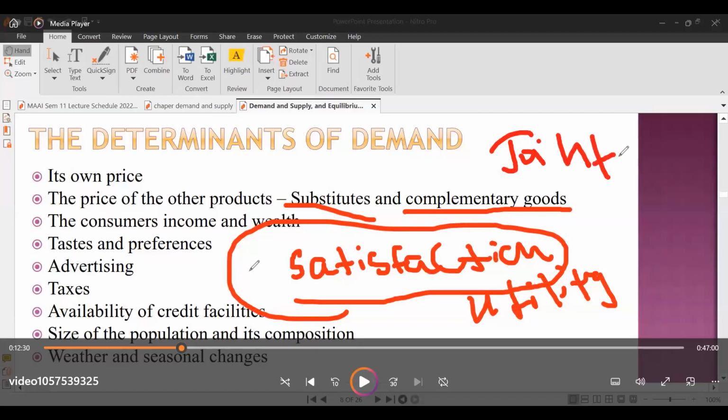Joint product means both commodities have to be consumed together.